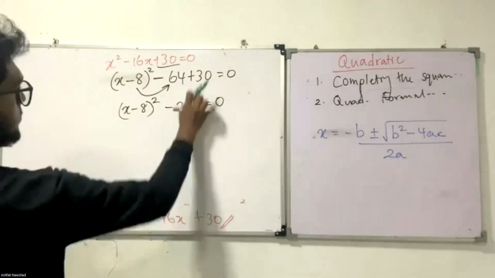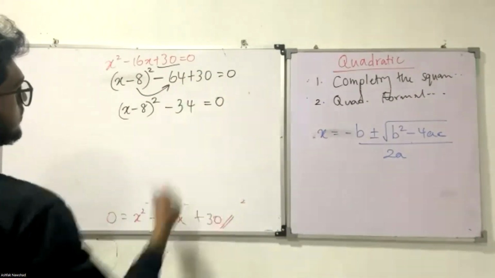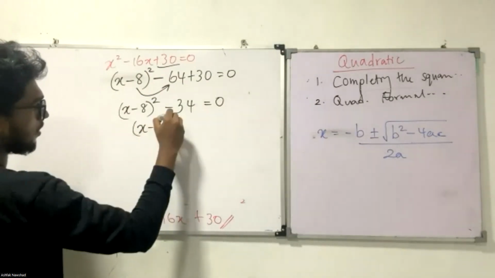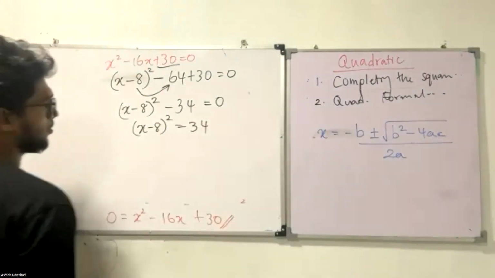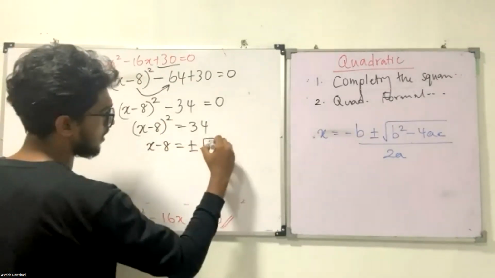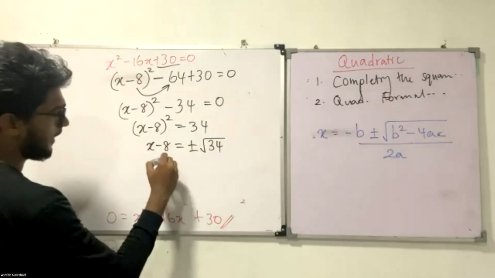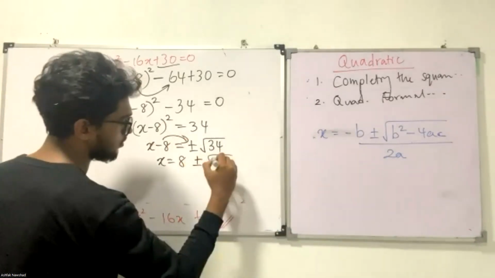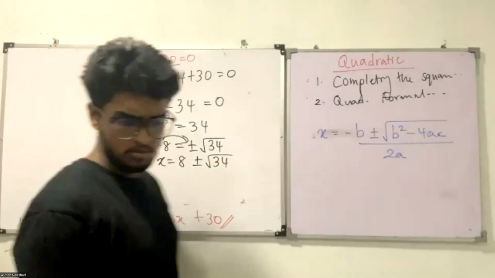Is it minus 24? It's minus 34, I guess. Yes, it's minus 34. So x minus 8 squared is 34. Then x minus 8 is plus or minus the square root of 34. So x is 8 plus or minus the root of 34.